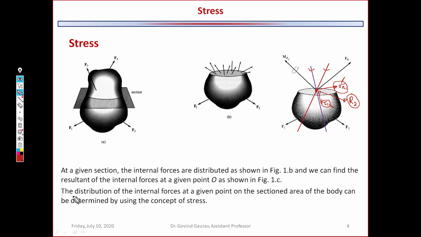So the distribution of the internal forces acting at a given point of the sectioned area of the body can be determined by using the concept of stresses.